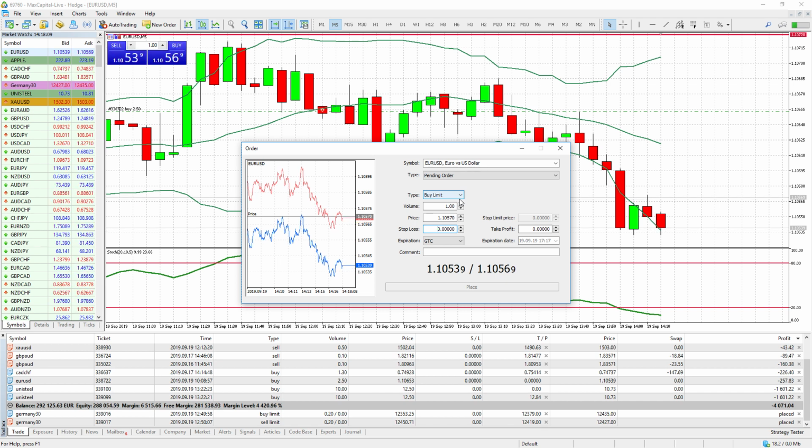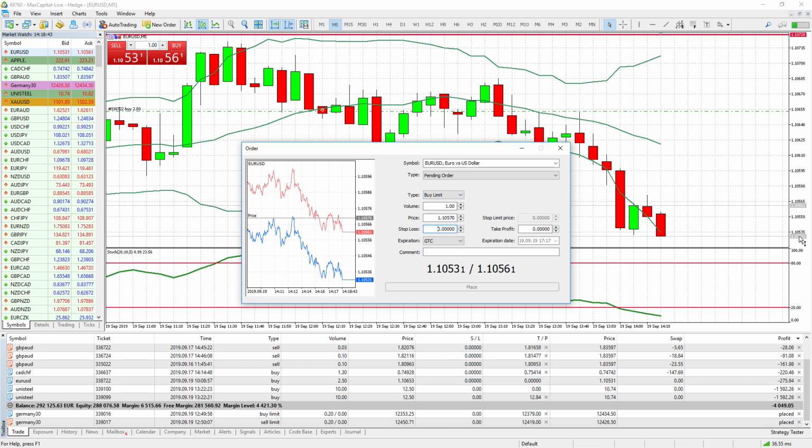These two orders can be used, for example, if you made an analysis that Euro USD, where the current price is 1.10536, is going to reach the level of 1.10500, and after that you think the price is going to go up.